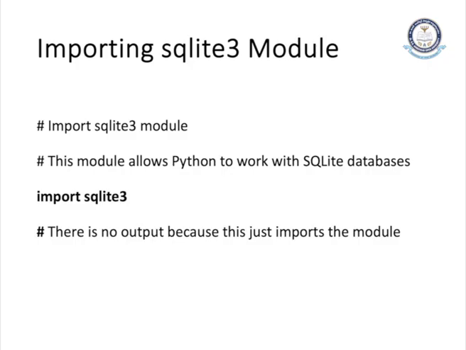SQLite3. All are in lowercase letters only. So now the library or module will be imported in your application, and you won't get any output for this statement, because this is just used for importing the library. Internally the library will be imported, that is it.